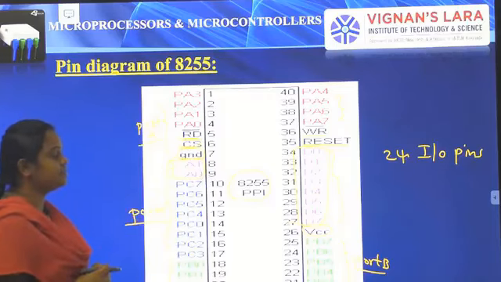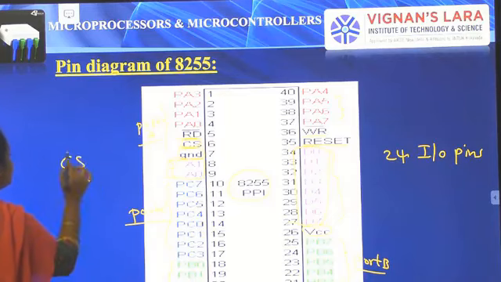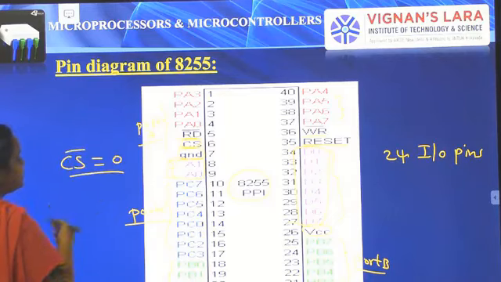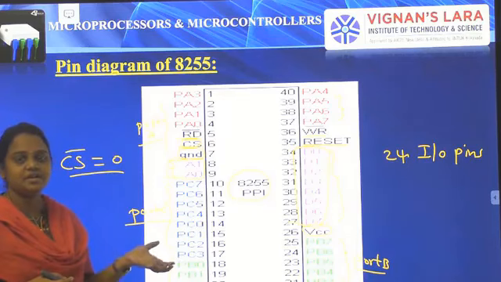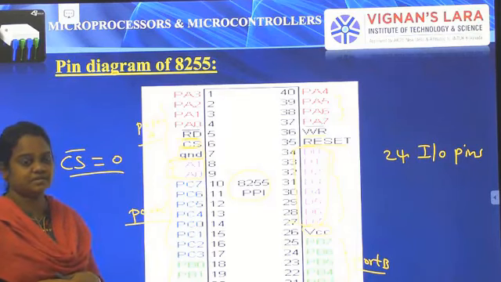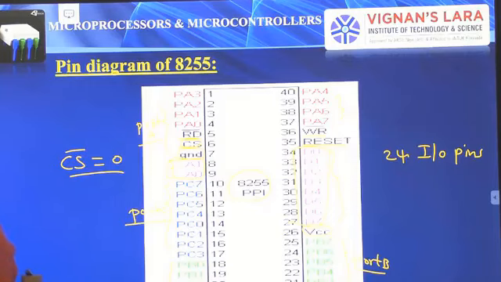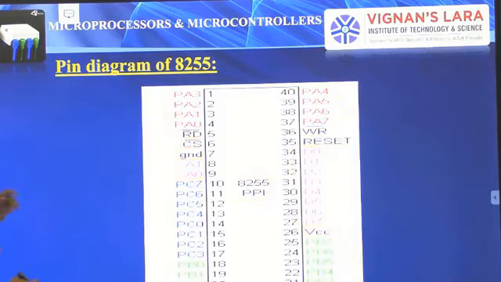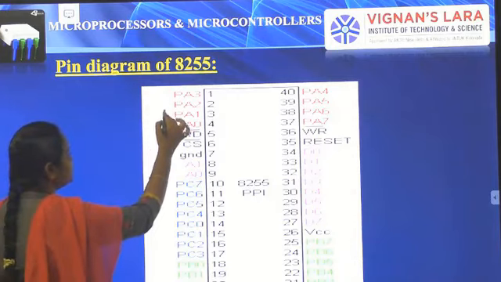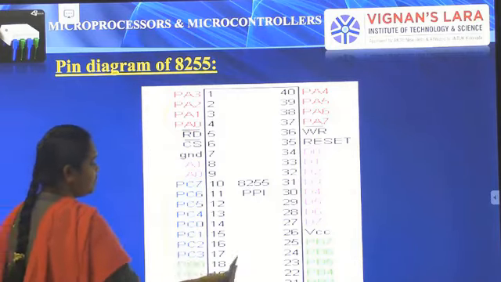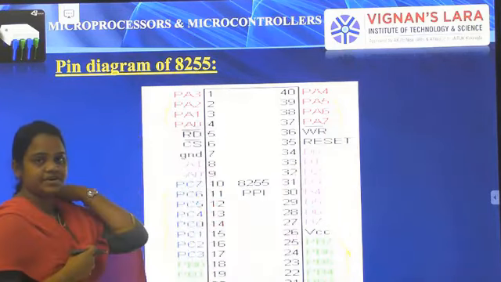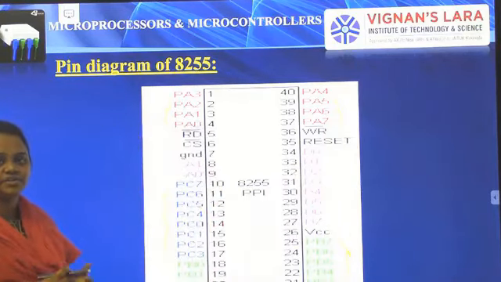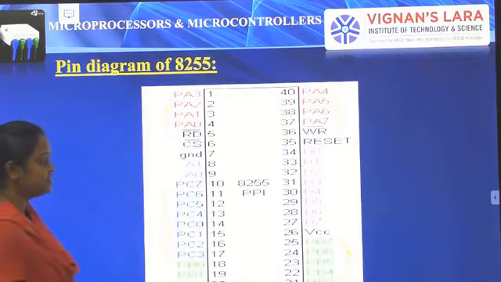Whenever CS bar is 0, the 8255 is in operation. That means it is going to handle the operations in the system. This is the pin diagram. Each port is used to carry the information from an input-output device to the 8086 microprocessor and then from the 8086 to the input-output devices.